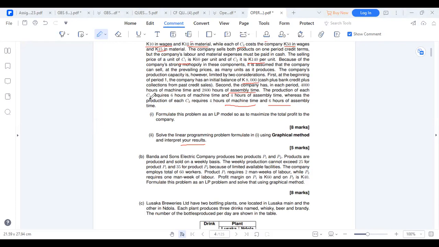The total number of hours that we need for C1 is 6 hours of machine time and 4 hours of assembly. But we know the total number of machine hours is 4,000 for both products. So this is why we have this table here.